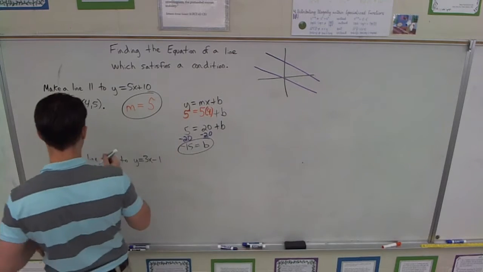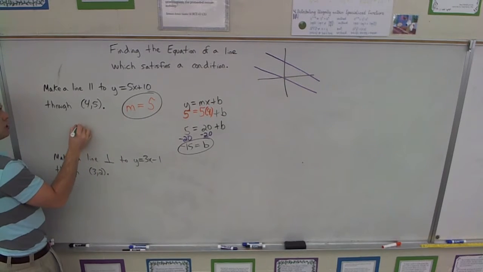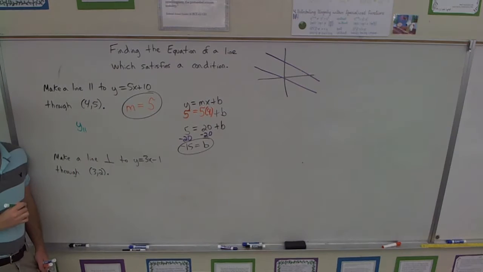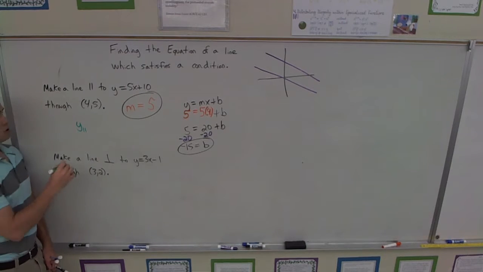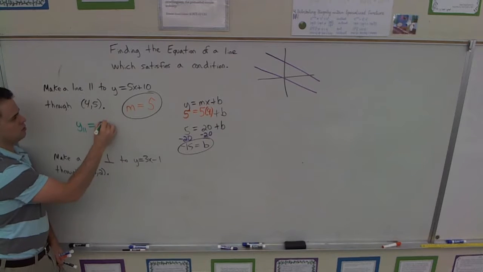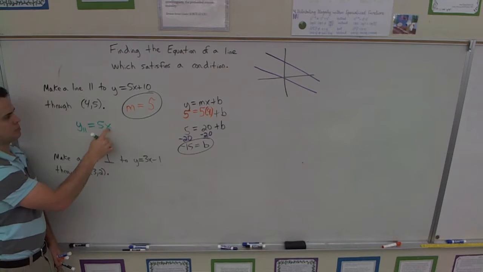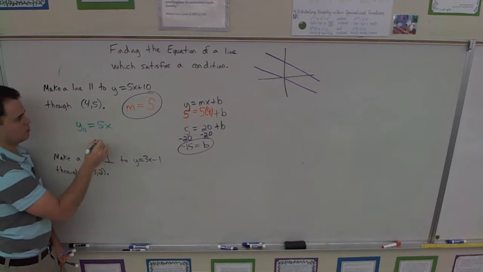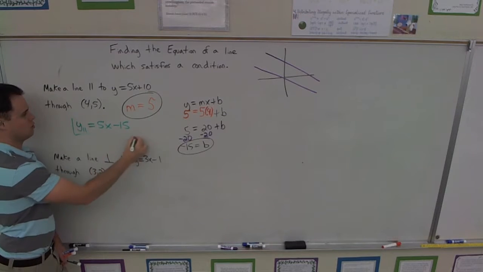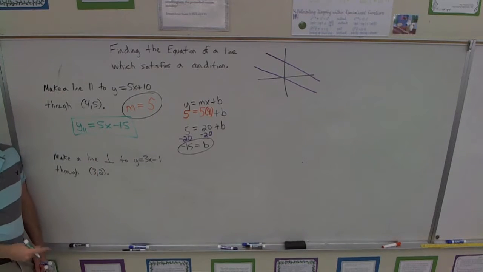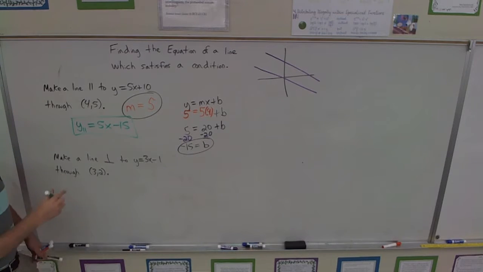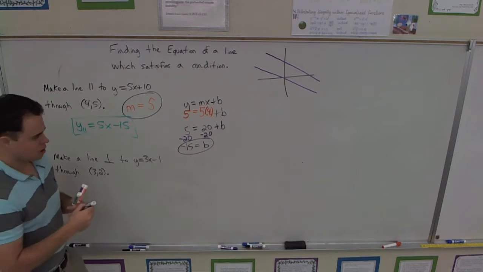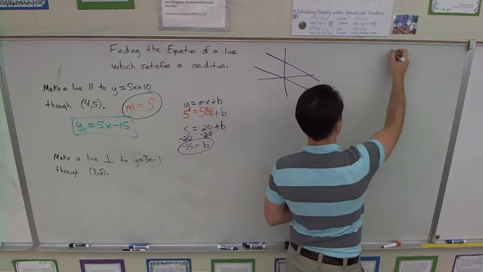If we wanted to graph it, it'd be just as easy. So the new line that's parallel, I'm going to call it y parallel. You don't have to, but that really clarifies the issue. So y parallel is 5x, because that was the slope, so I've got to stick an x on it, minus 15. We could graph it if we needed to. We'd start down there and go up 5 over 1. Okay? What about perpendicular? Perpendicular lines are those ones that meet with what kind of angle?